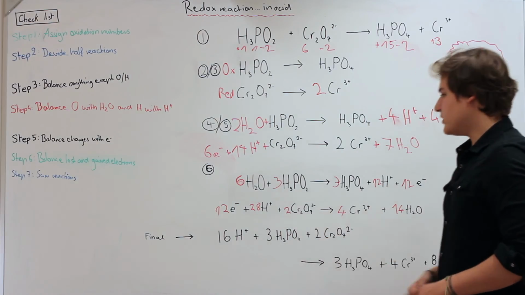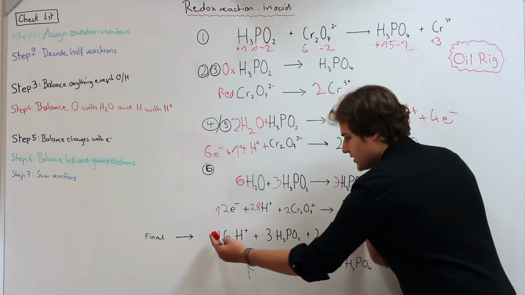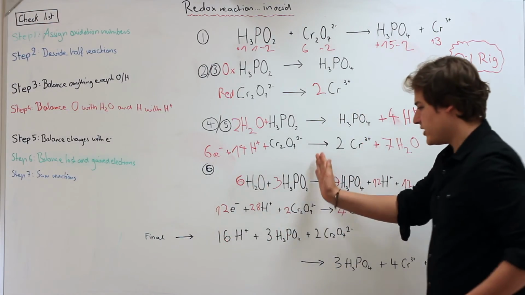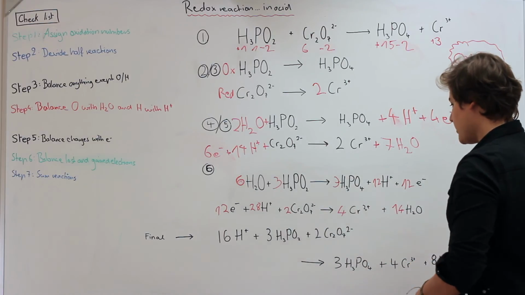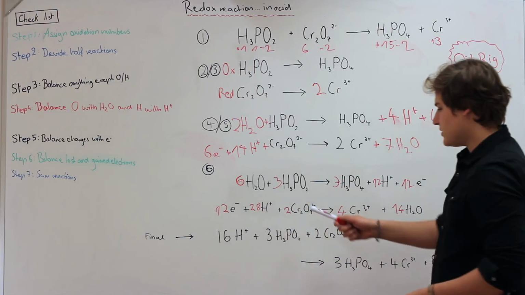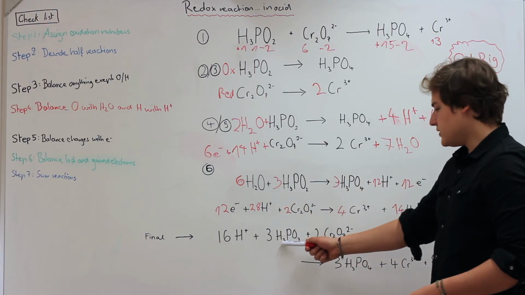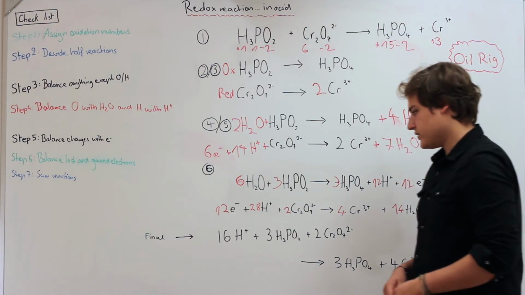So I've already written it down. For the reactant side you only look at this part, so really at the reactants of both of the reactions. And for the product part, you look at this part for the products of both of the reactions. As you can see, I put this in the final reaction and this in the final reaction without changing it.